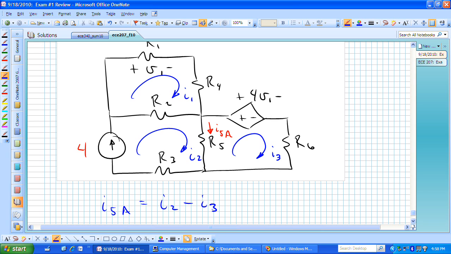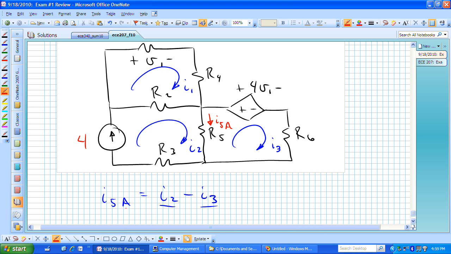So if we can find I sub 2 and I sub 3, we will be able to find the first part of our current through that resistor R sub 5 going from top to bottom with just one source active, and in particular the source that's active for this piece is our current source, which is 4 amps.